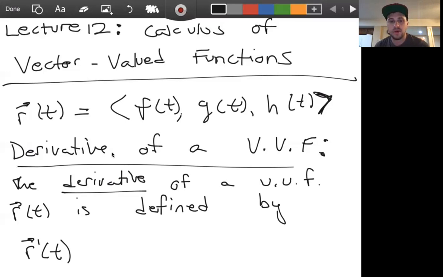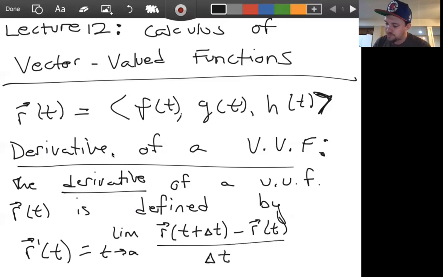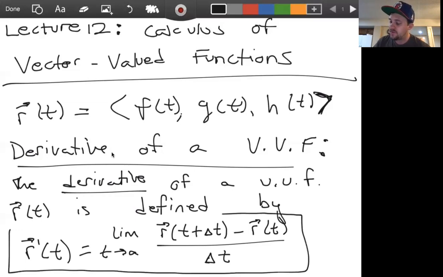We use a prime, right? We say r prime of t is equal to, and here's the limit definition. It's the limit as t approaches a of r of t plus delta t minus r of t all over delta t. And so this is the limit definition of differentiation.